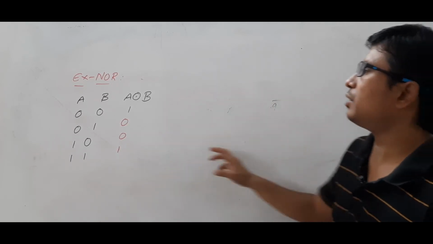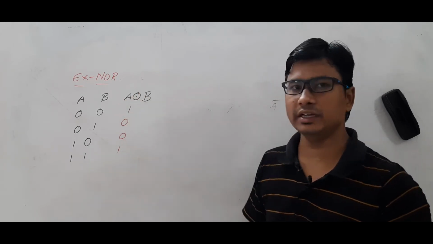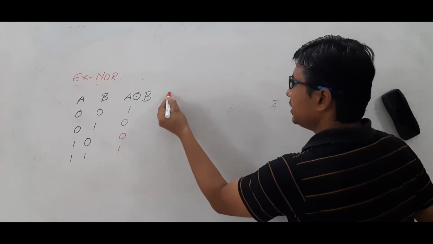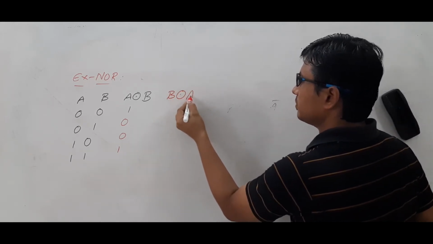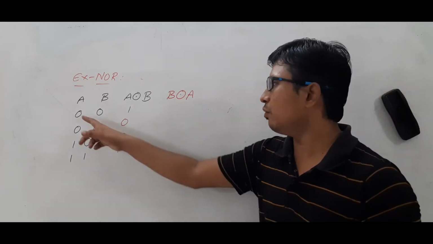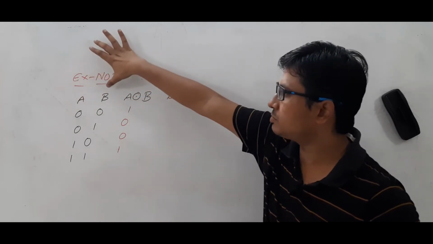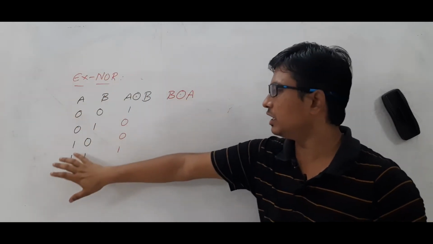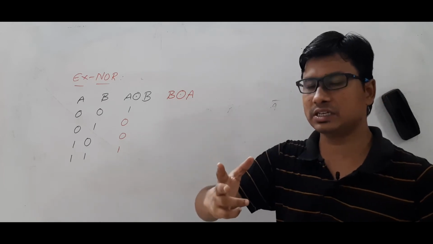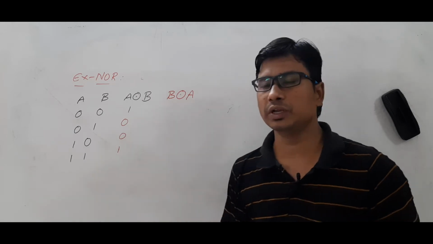Okay, we have already computed the output for the function A exclusive NOR B. Now we will compute B exclusive NOR A. What is the exclusive NOR equation? Whenever both the inputs are the same, A value is 0 and B value is 0, or A value is 1 and B value is 1, it produces the output as 1.